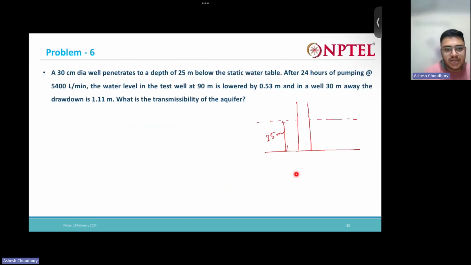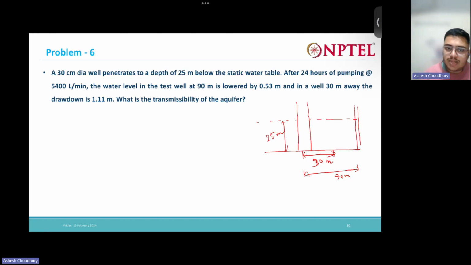So 25 meters, right? Now, after 24 hours of pumping at 5,400, the water level in the test well at 90 meter is lowered by 0.53. Means at a distance of 90 meter, you have a first test well.